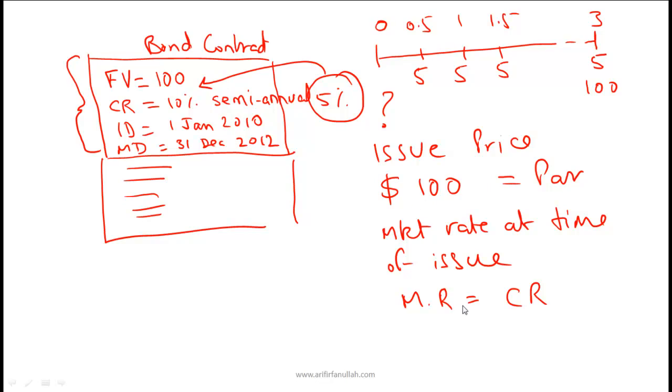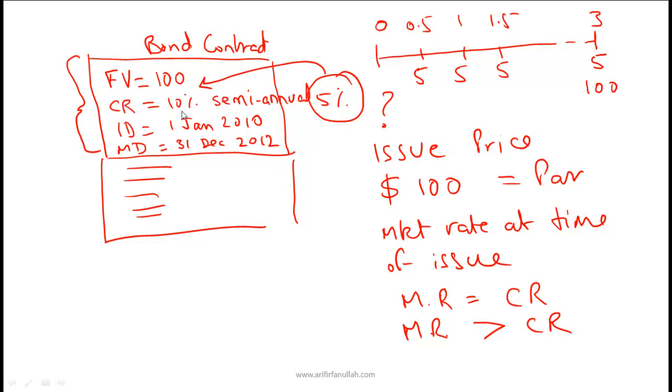And if the required rate of return that investors demand, called the market rate at the time of issue, is more than the coupon rate, investors want a rate higher than the coupon rate of 10%, which means that investors view this company as somewhat risky, and to be convinced to lend money to this company, they want a rate more than 10%.